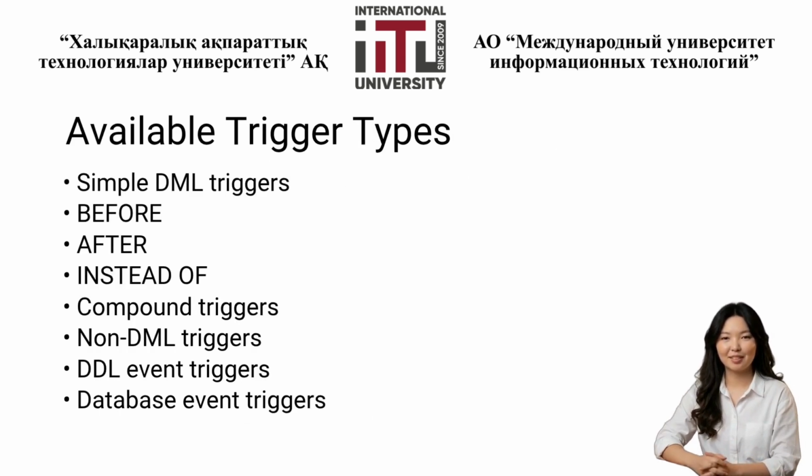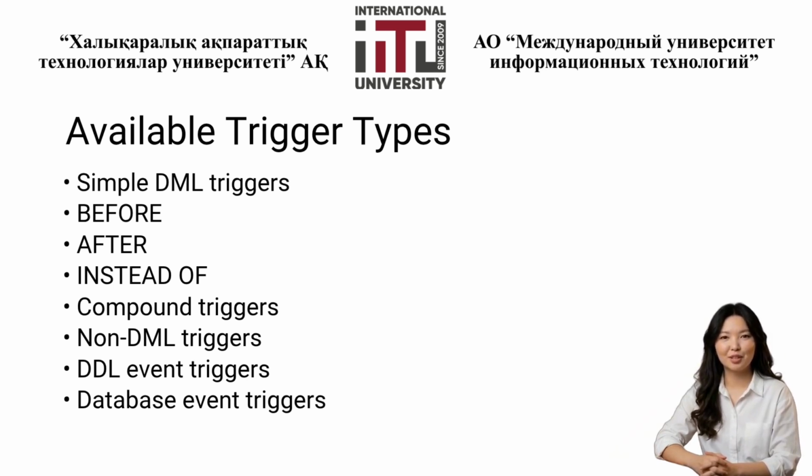This slide presents the main types of triggers available in Oracle. First, we have simple DML triggers, which are fired in response to data manipulation operations such as insert, update, and delete. These can be defined as before or after the event occurs. The instead of triggers are typically used with views and allow you to define custom behavior instead of the standard DML operation.